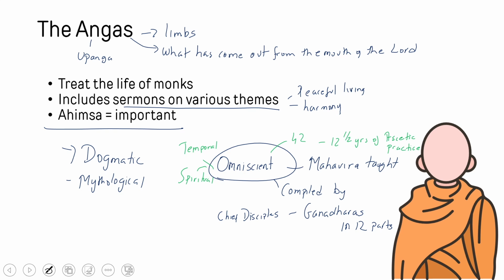Now these Ganadharas were the ones who would listen to what Mahavira was telling them. They had to understand and in a way pass it down to others.